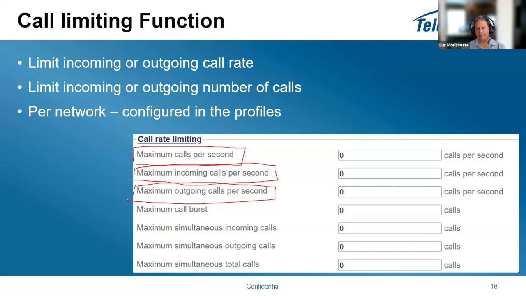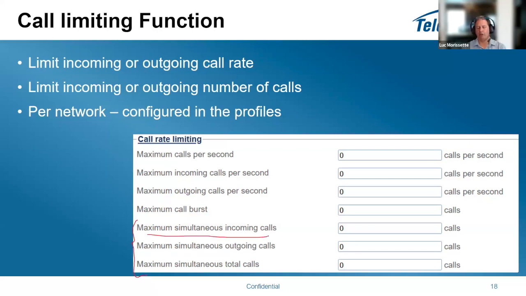These are calls per second, so a call rate. You also have here number of calls. So here you can say, I don't want to send more than 500 calls to this particular network at a single moment. Okay? So you can put here 500 calls, and this will limit the number of outgoing, incoming, or total calls on that network. Right?